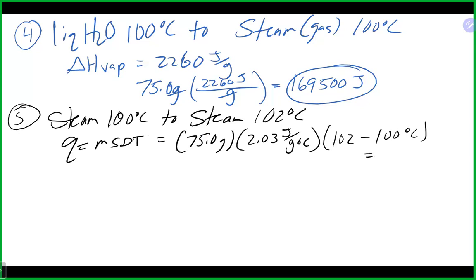And we're going to end up with 5 times 2.03 times 75, and that's going to be about 304.5 joules here. First off, any questions on that?